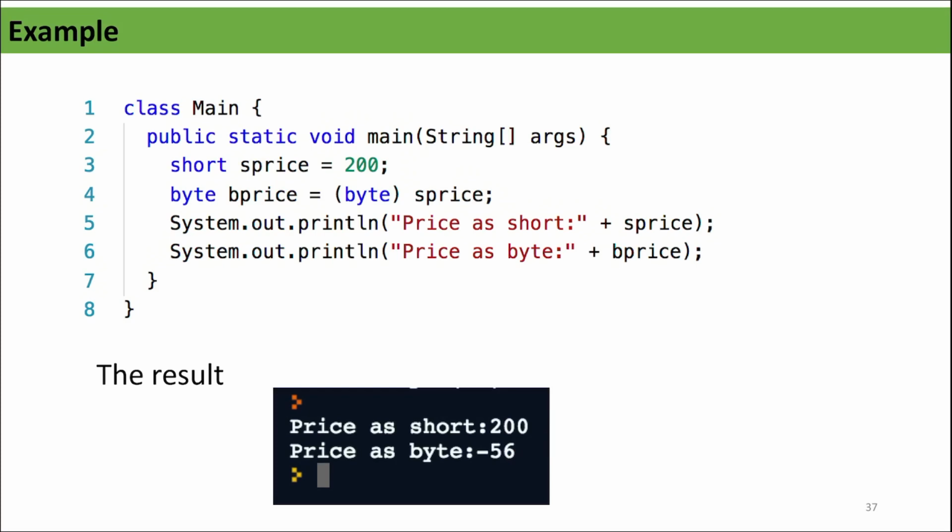If you look at the memory, you will find there is no space for the 200 in the byte. The byte can hold a maximum of 127, if you remember the videos we did before. So doing that, we're losing data and getting the wrong result. So don't cast data from a higher data type to a lower data type, because you will lose data. So the result is wrong.